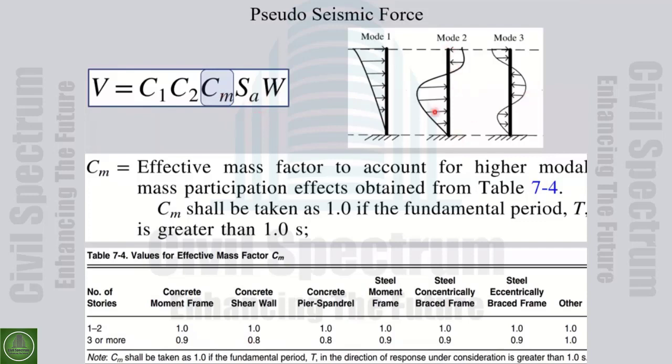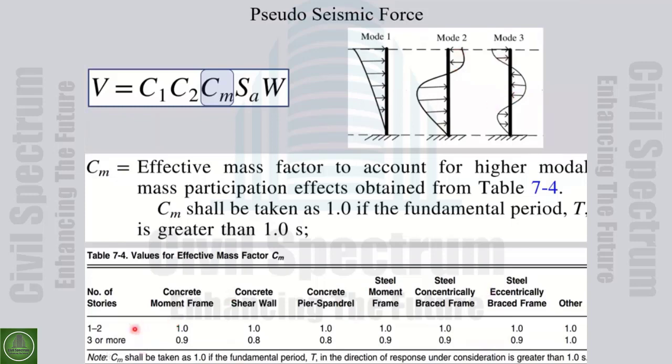Because when the higher modes are important, some of the loads are not like the first mode, where all the load is on one side and makes a larger displacement for the building. Here, some of the loads are in one direction, some are in another direction, so it reduces the top displacement of the building if the higher modes are important.